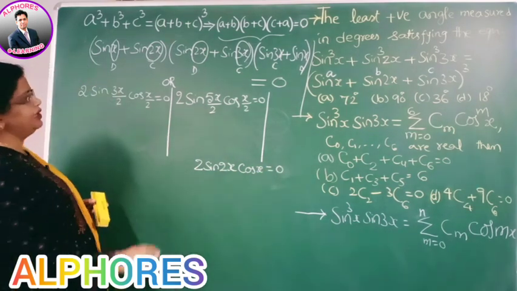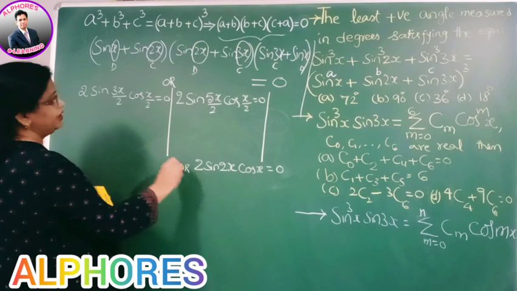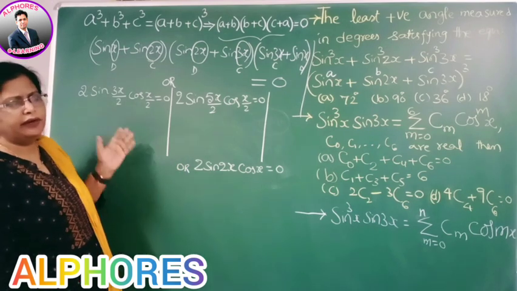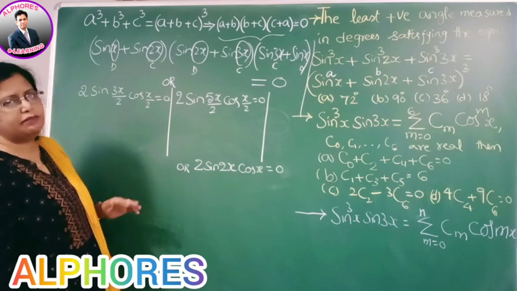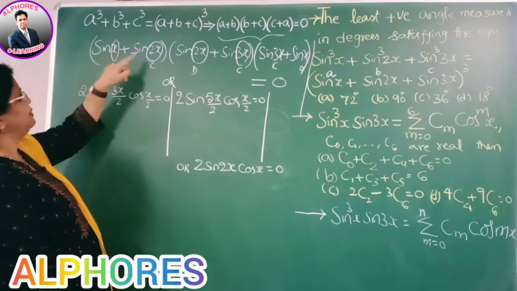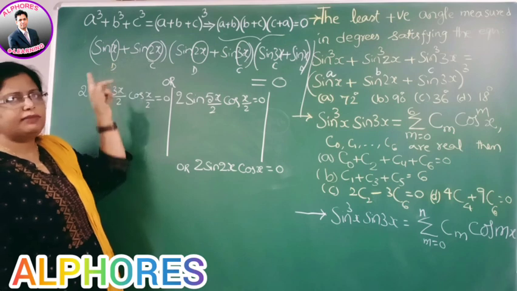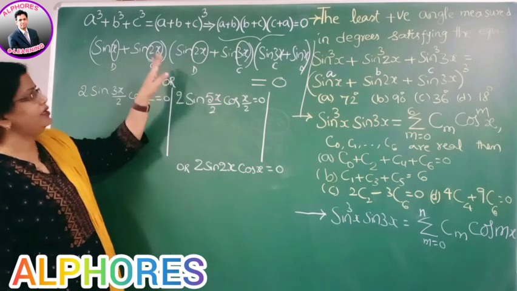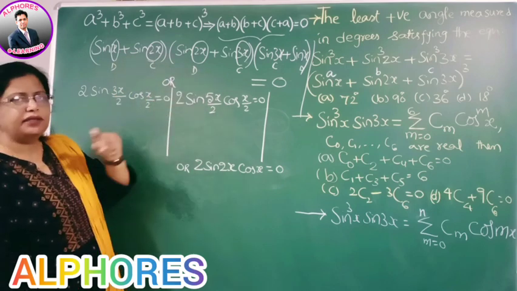So in this way you got the three values from each of the brackets. Only one formula we have applied, and it is nothing but sin c plus sin d equals 2 sin (c plus d)/2 into cos (c minus d)/2. Based on that formula we got these results from each of the brackets.